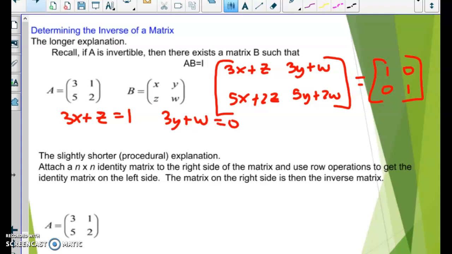I'm going to rewrite the other ones over here, so 5x plus 2z is equal to 0, and 5y plus 2w is equal to 1.